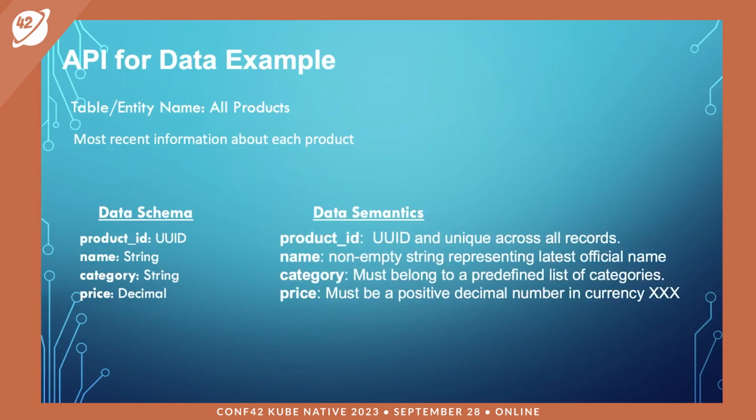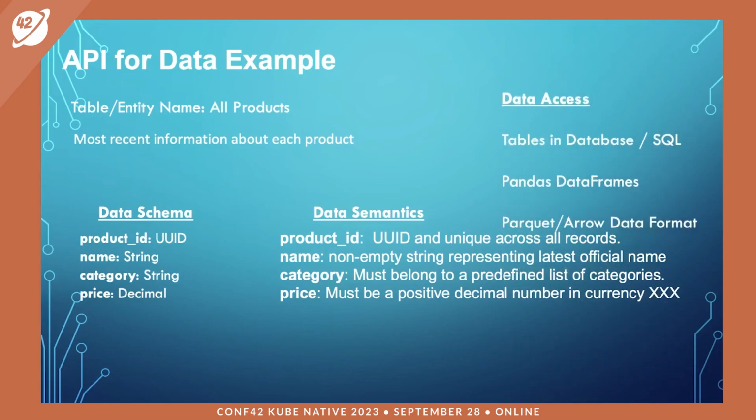Data semantics. Each column name has certain semantics, like name being a non-null string representing the latest official name. We can notice we need to be as specific as possible. And finally, we need a way to access it. So, data access. It could be tables in a database using SQL. We could access it using Python if data is saved in Parquet or Arrow data formats.